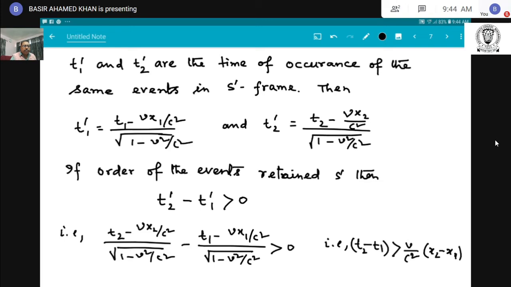Then t1 prime equals (t1 minus v x1 by c square) over root of 1 minus v square by c square, and t2 prime equals (t2 minus v x2 by c square) over root of 1 minus v square by c square. So if the order of the events is preserved in the S dash frame, then t2 prime minus t1 prime should be greater than 0.